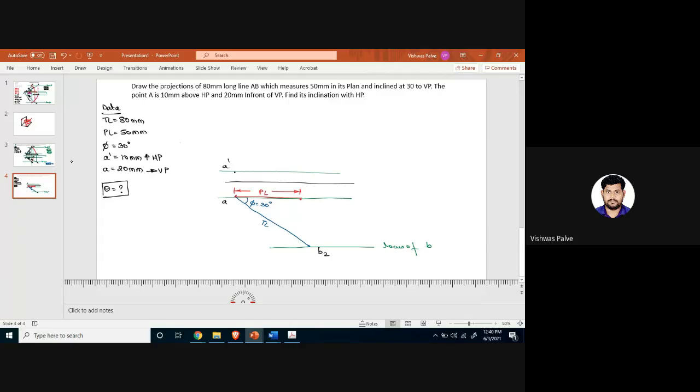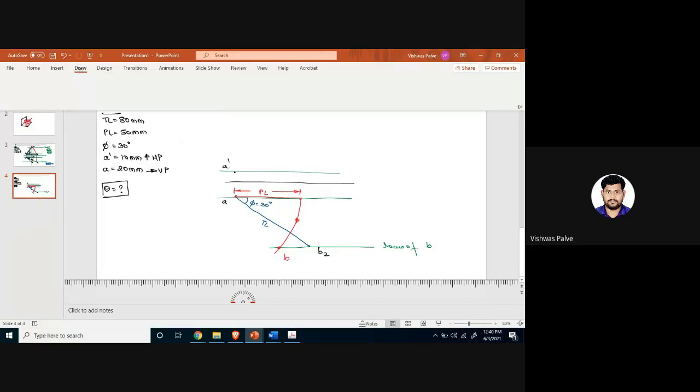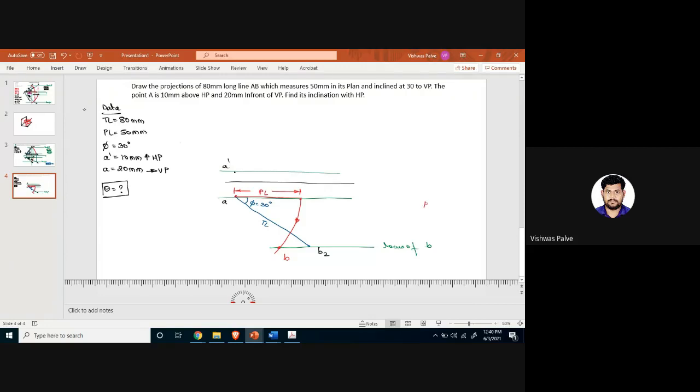Now, once you get the plan length, what will happen? If I rotate this, what will you get? What will be the notation of this point? B, right? Plan length is always equal to the top view length.